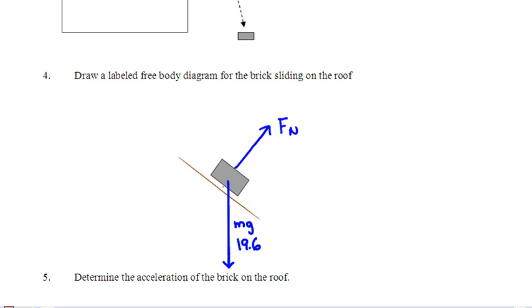There's a part of that mg, the phrasing we like to say was it crushes in, C for crush, C for cosine, and there's a part of that mg that slides along the roof, S for slide, S for sine. So we've got 2 components here. There's an mg cos theta, because you get the exact same angle up in that top corner as you do for the angle of the roof, and then sliding along, we've got our mg sine theta.